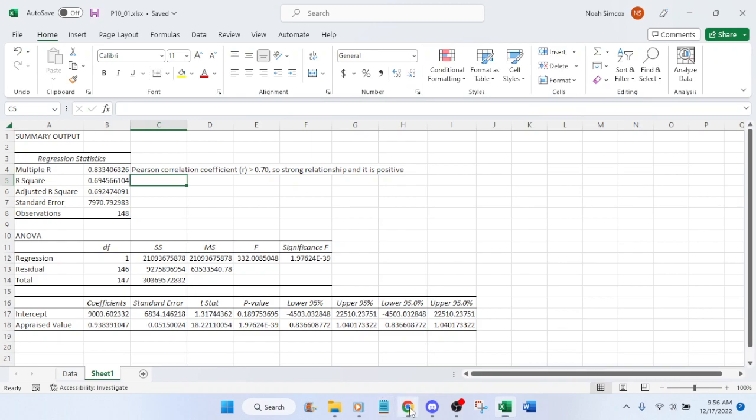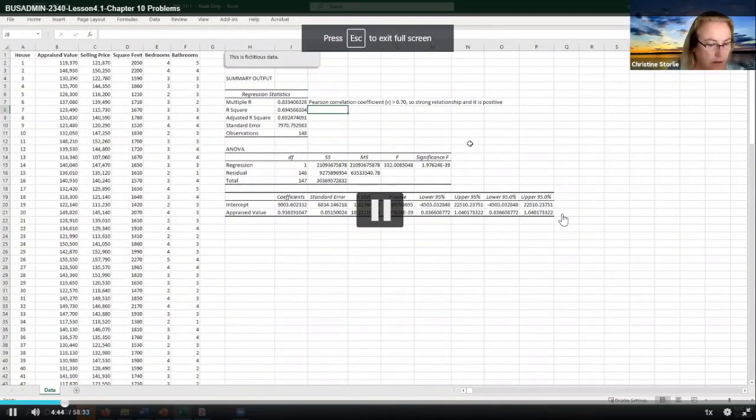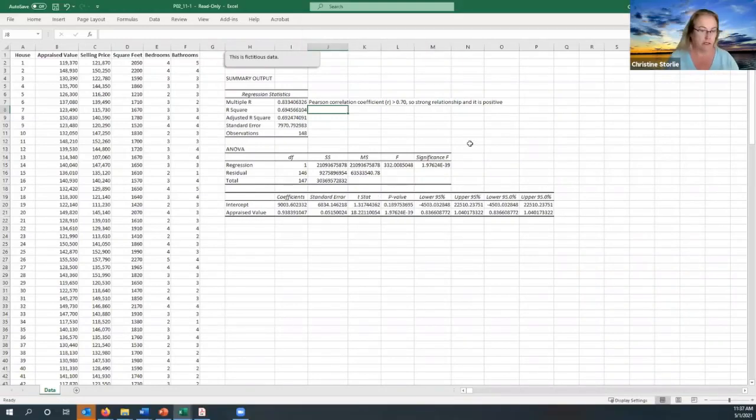The R squared. Oh, and we'll get to SE next. R squared is the goodness of fit.